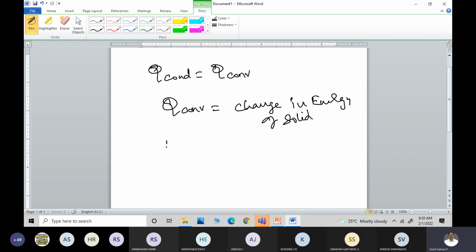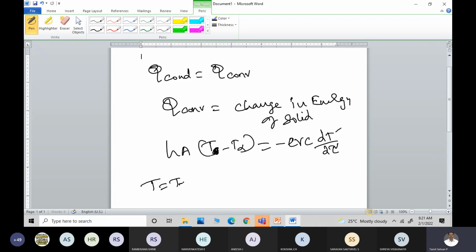So now we know that hA into (T minus T infinity), let it be T, not Ts, where T is the temperature of the body and T infinity is the surrounding fluid temperature, is equal to minus rho V C into dT divided by d tau, where capital T denotes temperature and small tau denotes time.